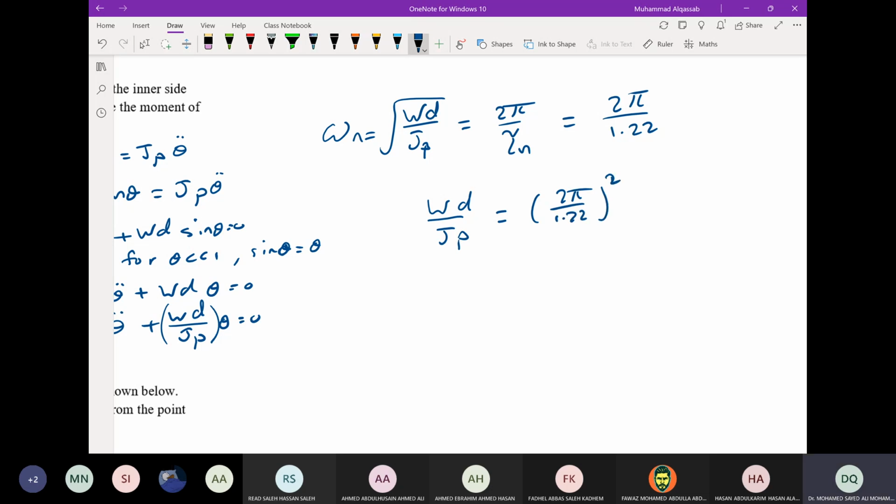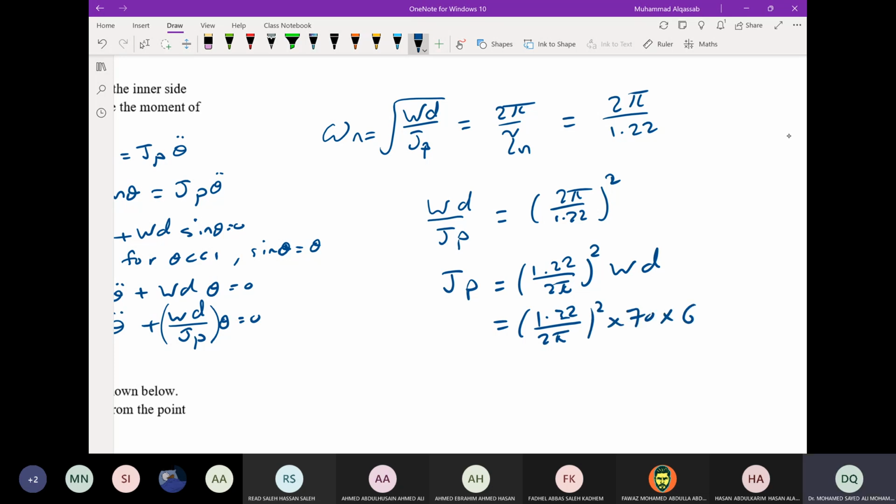And we have J_P becomes equal to (1.22 over 2 pi) squared times WD. So this would be 1.22 divided by 2 pi, squared, multiplied by 70, multiplied by 6. And the unit will be pound inch squared.